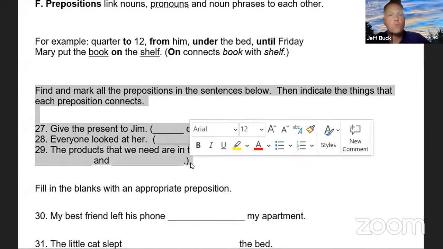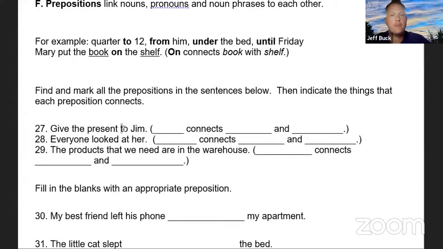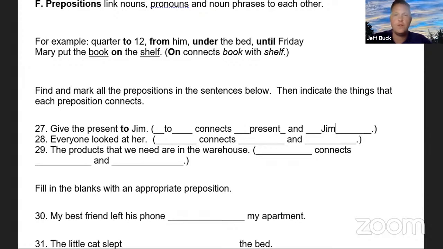So do that with 27, 28, 29. Find the prepositions and say what they connect. All right, here we go. To: "to" connects present and Jim. And everyone looked at her.